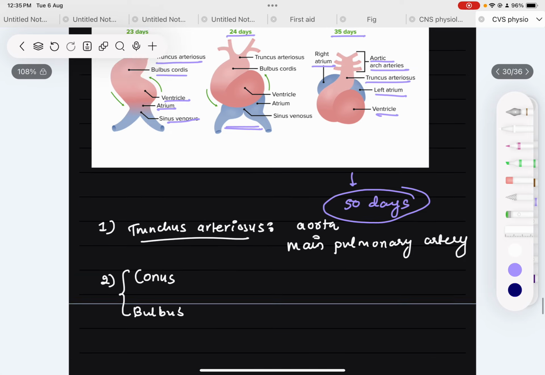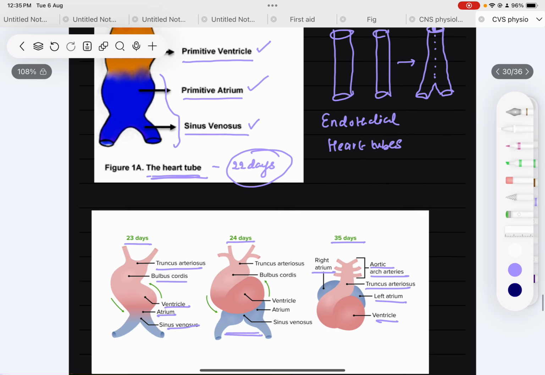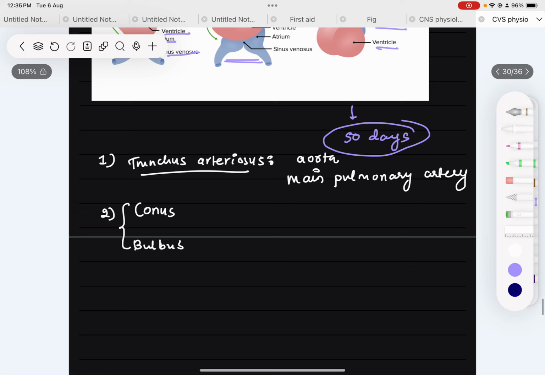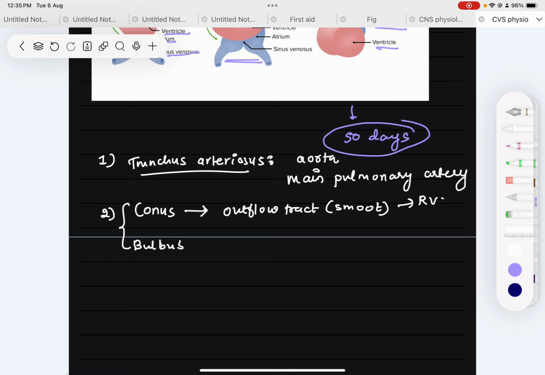We know that the bulbus cordis will be divided into these two parts. The conus part will form the outflow tract, and it will be smooth: the right ventricle outflow tract and the left ventricle outflow tract. Now about the bulbous part.